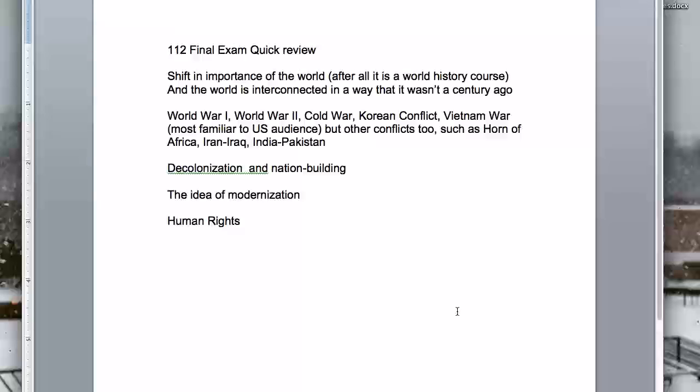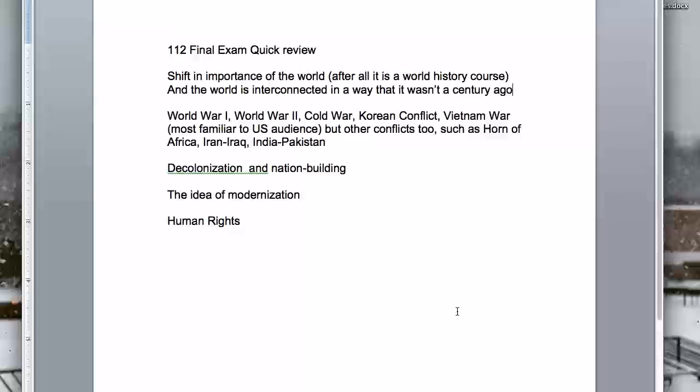In other words, what happens in the world has become just as important as what happens in the United States and Western Europe in that span of time. Events in China today are just as important as events in the United States today. That's not really what the case was 100 years ago.